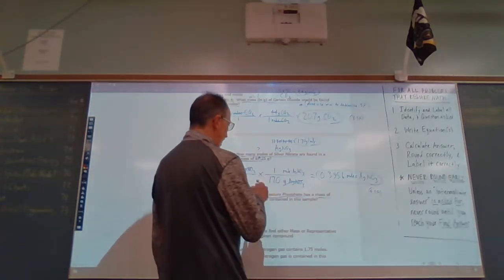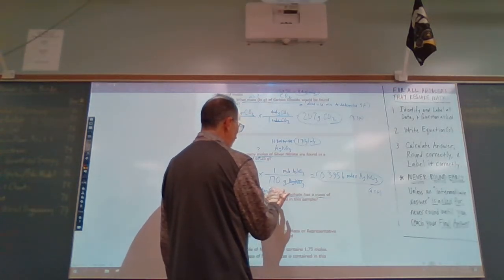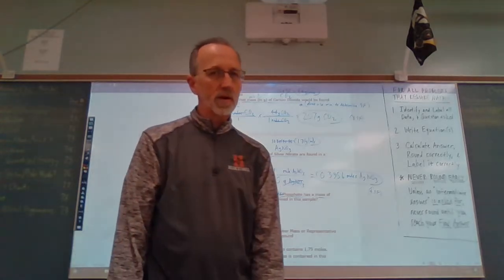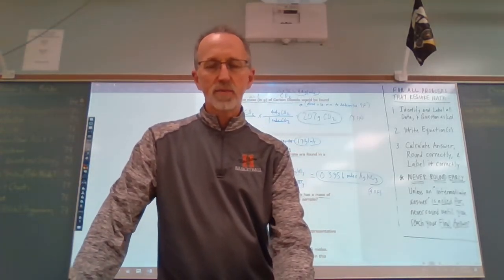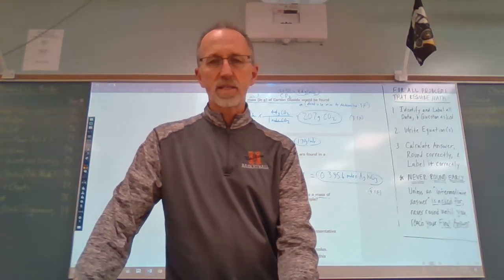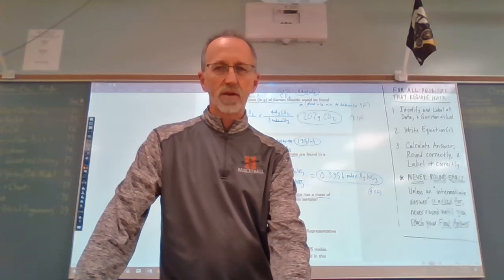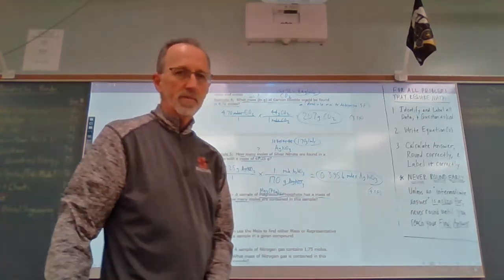So the formula for magnesium phosphate would be Mg3(PO4)2. See how important nomenclature is here? We're going to calculate a molar mass. We've got to make sure the formula is correct in order to do that. If you can't write a formula, then the rest of this goes haywire. So you've got to know your nomenclature.